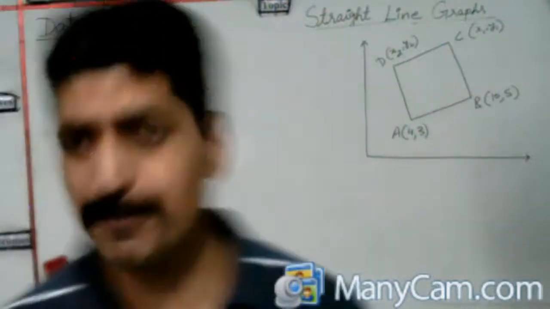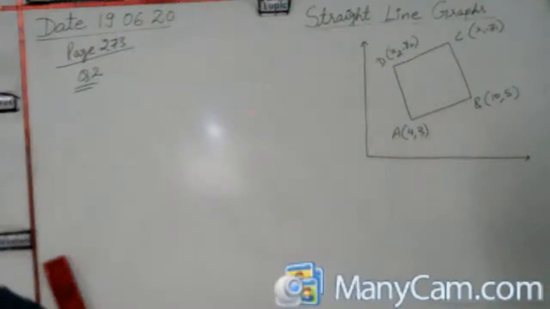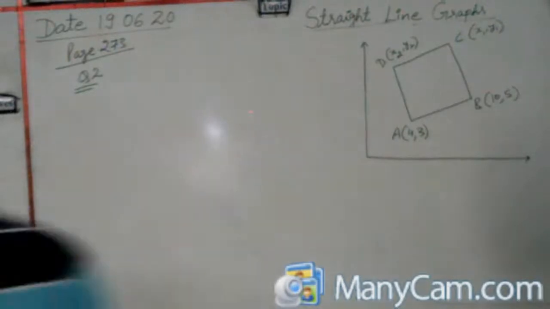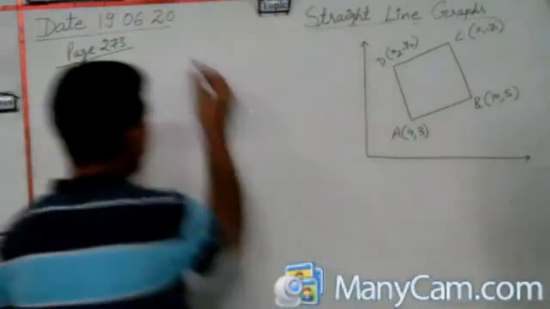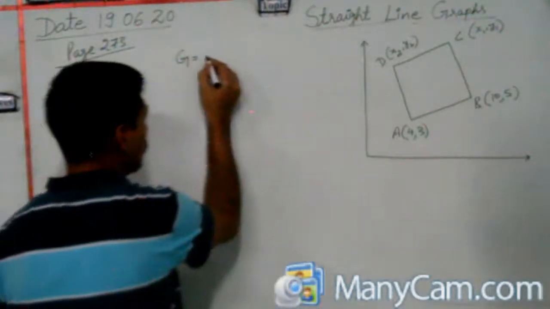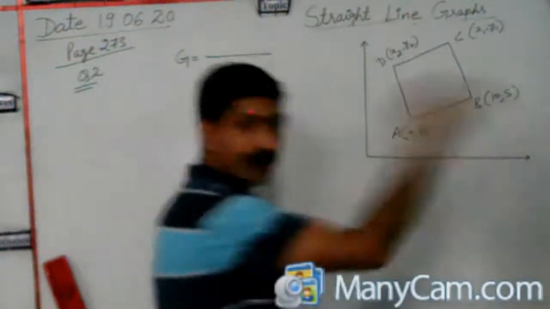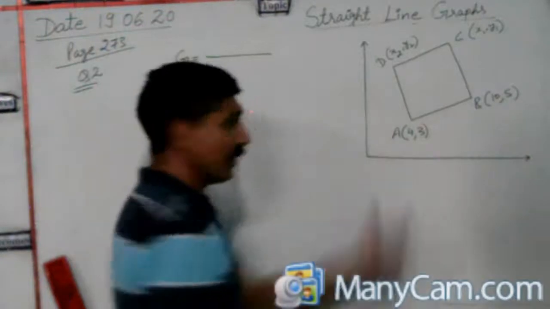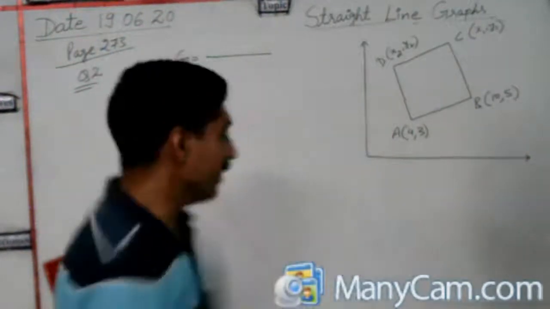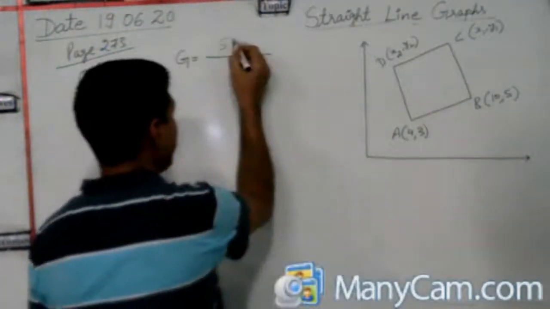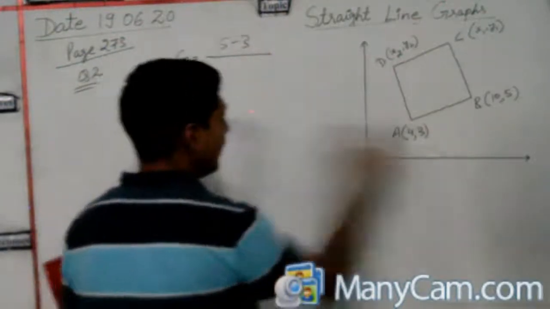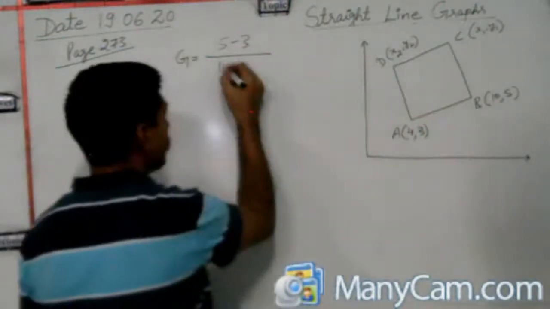So now, the first part, the gradient of line AB. The gradient of line AB is equal to y2 minus y1, either 3 minus 5 or 5 minus 3. If you are going with y2 minus y1, that is 5 minus 3, then we will have 10 minus 4.